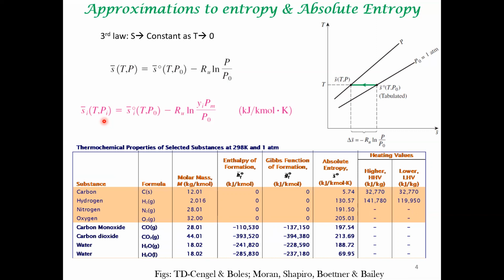Again you can use the ideal gas approximation and get the entropy of the component of interest. This is the partial pressure of the component, and this is the partial entropy. This is the way we approximate entropy, and using this you can calculate entropy changes.